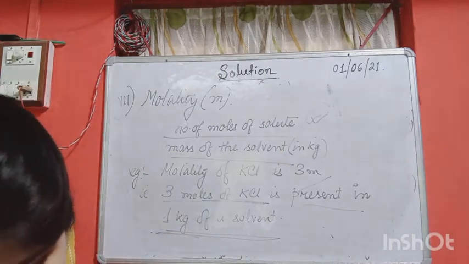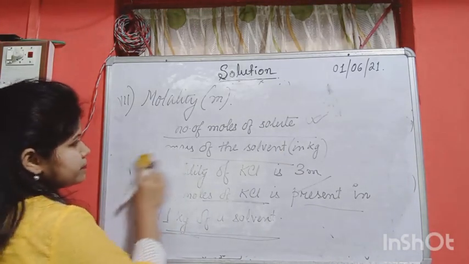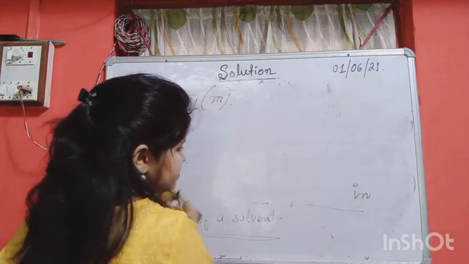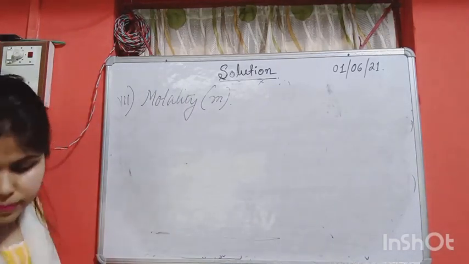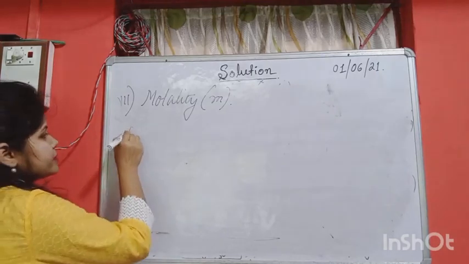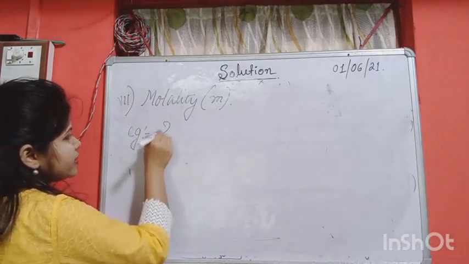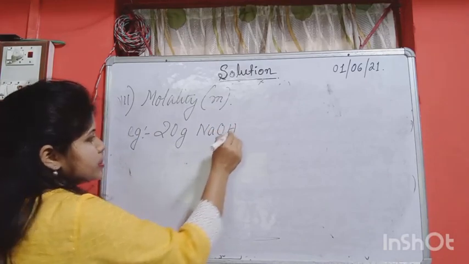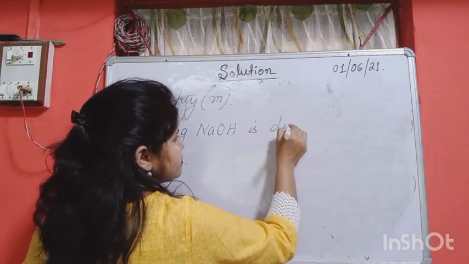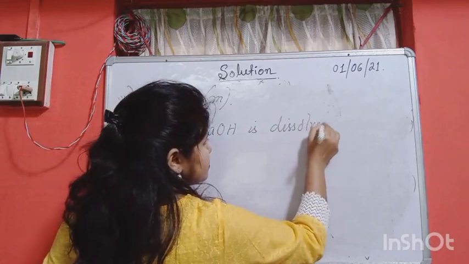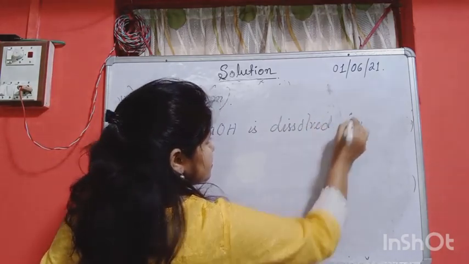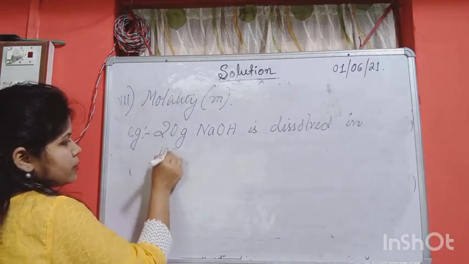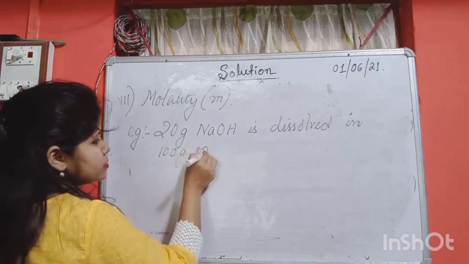Let's do an example. 20 gram sodium hydroxide is dissolved in 100-gram solution.